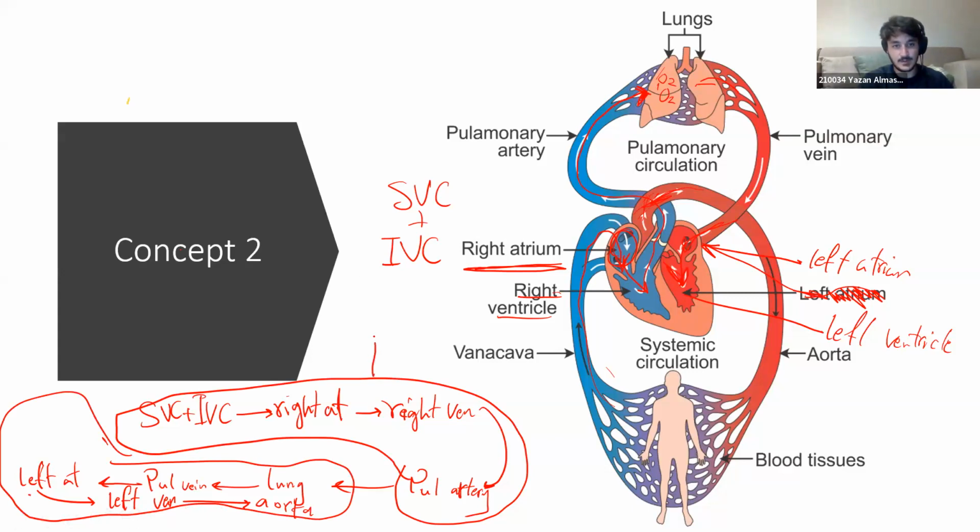Okay? I'll write here deoxy. And here, oxygen. The whole reason for this process is to oxygenate the blood, to give the oxygen. This is the pulmonary and systemic circulation.